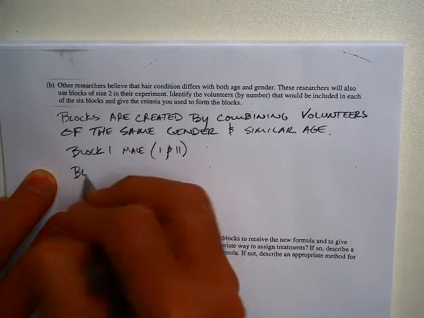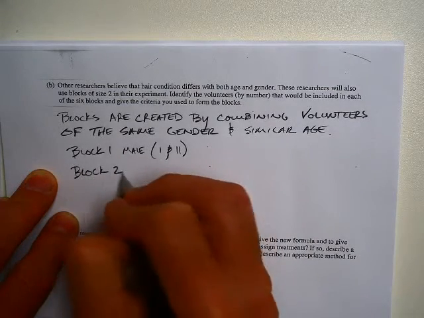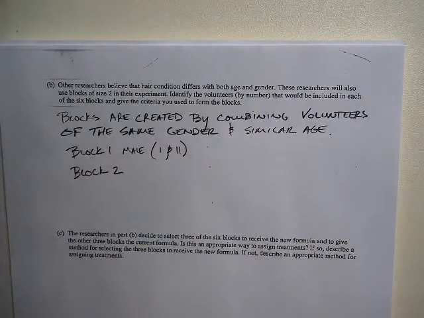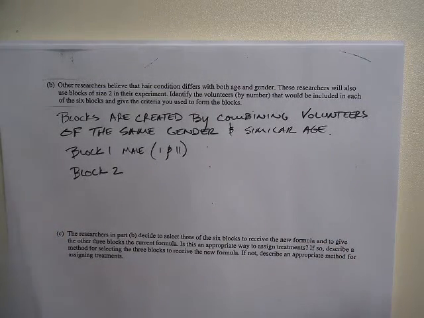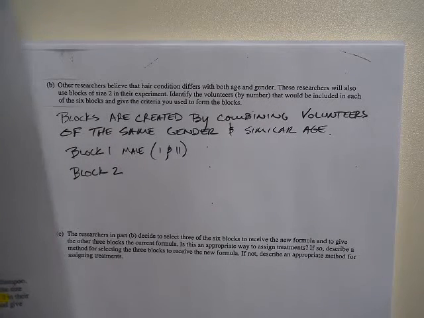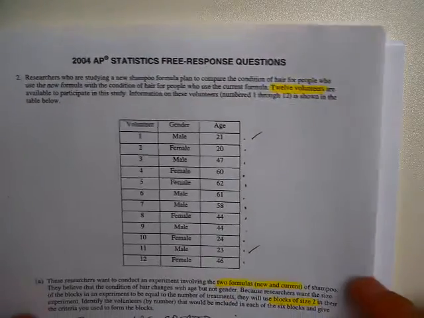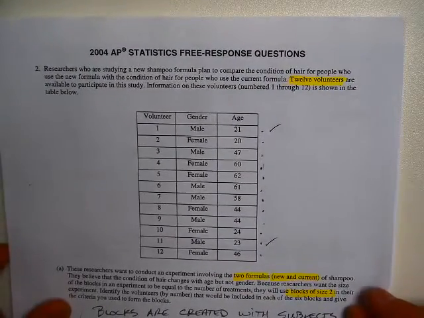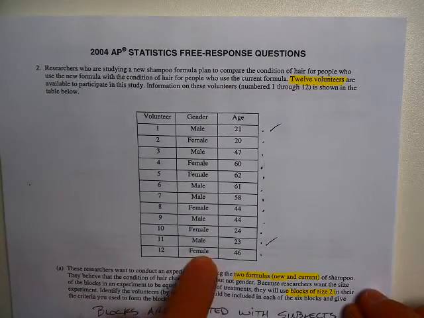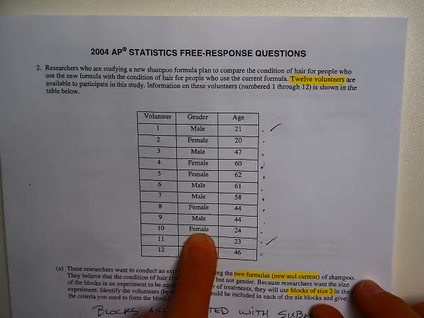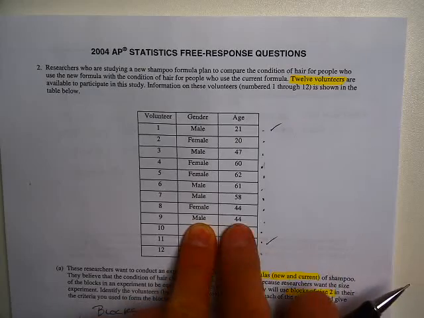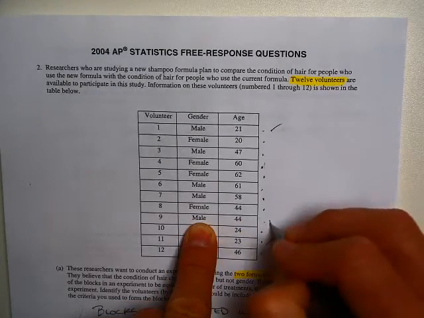Let's do block 2. At this point, you can kind of decide, do you want to go with all the males first and then all the females? I don't think that matters. To keep things simple for me, I'm going to just go with all the males first. So I'm going to go with my next youngest male, which I believe is 44.